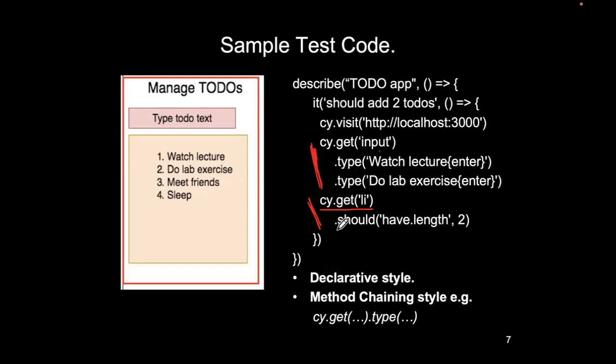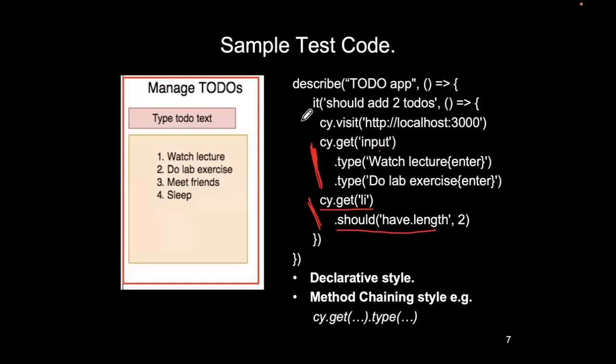And all I'm doing here then is making an expectation statement. I'm stating that I expect that the length of what was returned by cy.get, which is an array, should be equal to 2, which it should be if this worked the way I expected it to work.